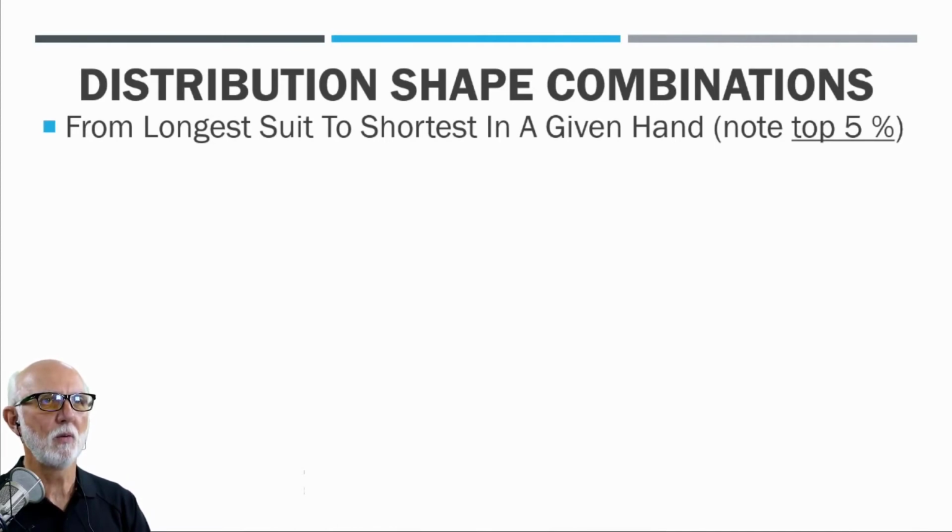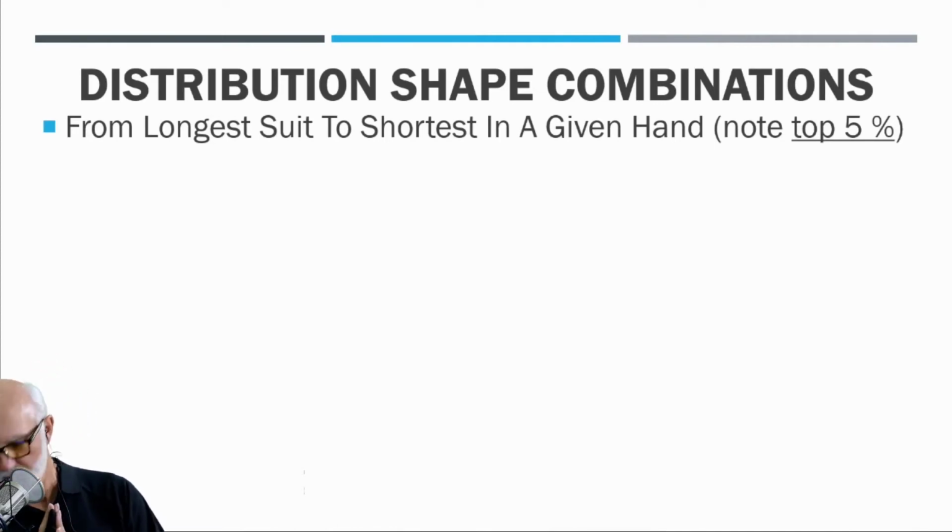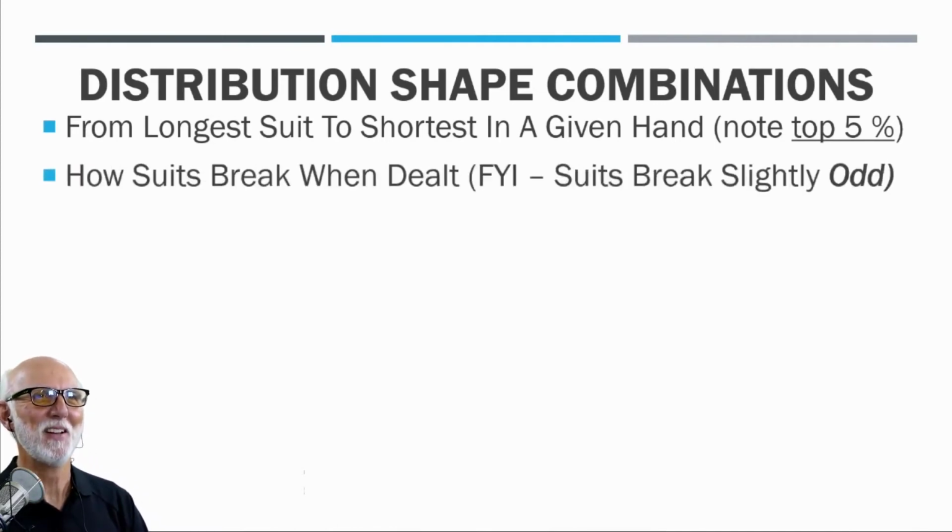So first off, we have how a suit breaks when dealt. That is, we should be aware that when we're dealt cards and we have a suit that we're playing, let's say that we have 4 and 3, that's 7, 13 in the suit. That means there's 6.